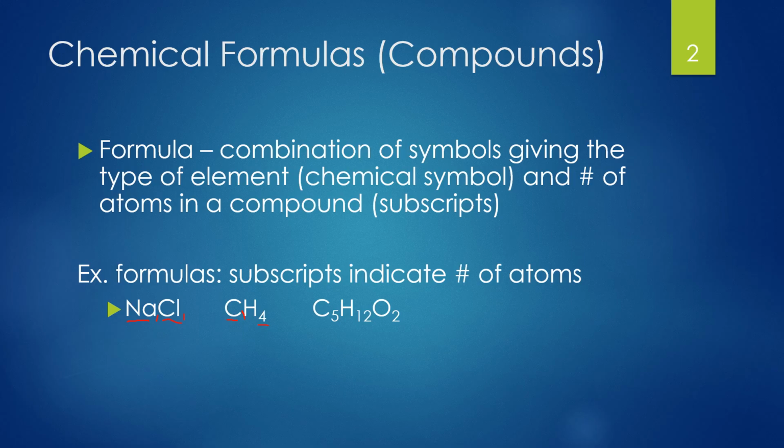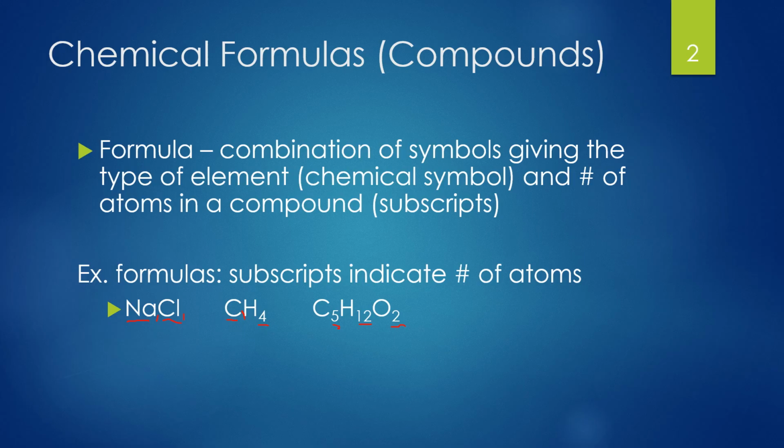Last but not least, this compound has carbon, hydrogen, and oxygen in it. And each one of those elements has a subscript. So it looks like there are 5 carbon atoms in this compound, 12 hydrogen atoms, and 2 oxygen atoms. So that's how we read the subscript.